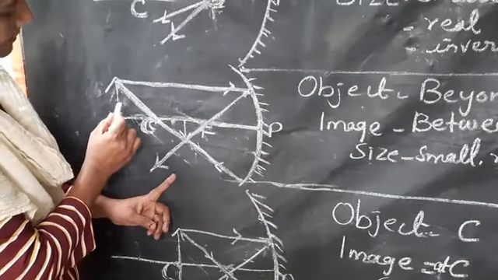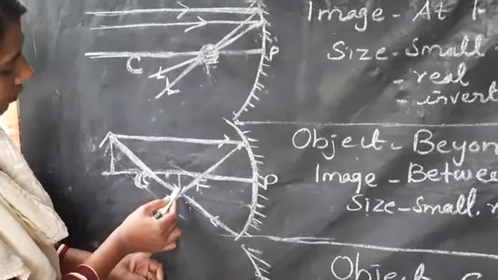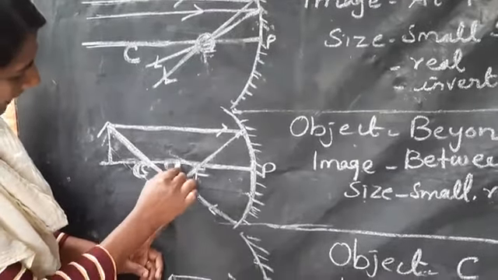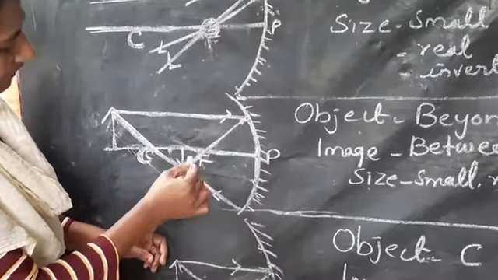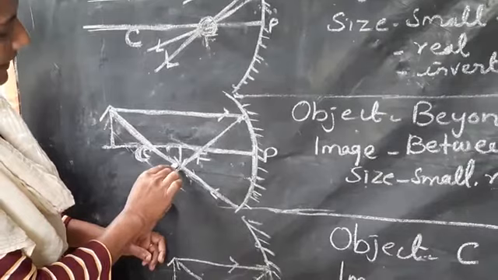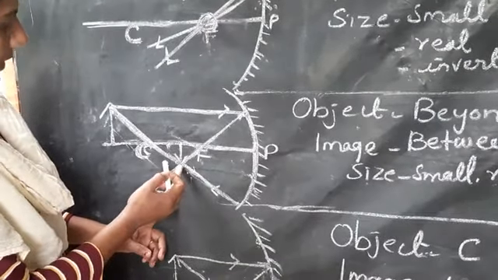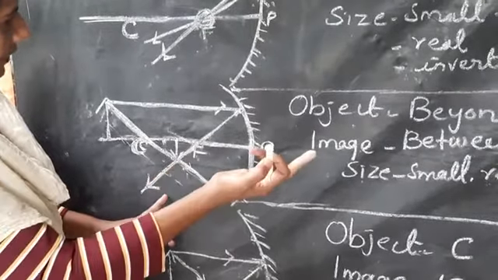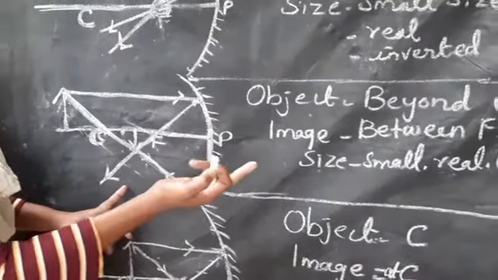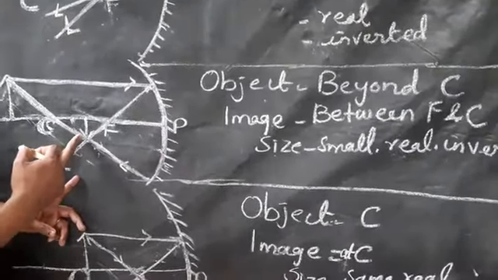Object size is this much, but the image size is small. Here also, the image is inverted. We can get the image here if you keep a screen here. So that is the meaning of real image, isn't it? Real image, you can get it on screen.